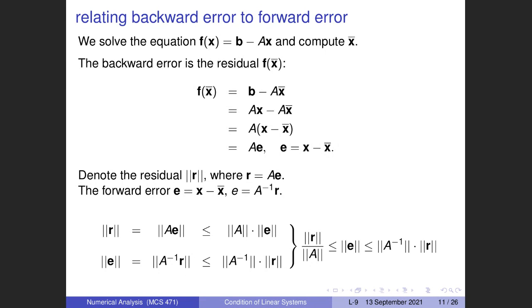That's the norm of b minus A times x. If we have the exact x, then that will be 0. So the residual can be interpreted as what you need to add to the right-hand side vector to have your computed solution be the exact solution.